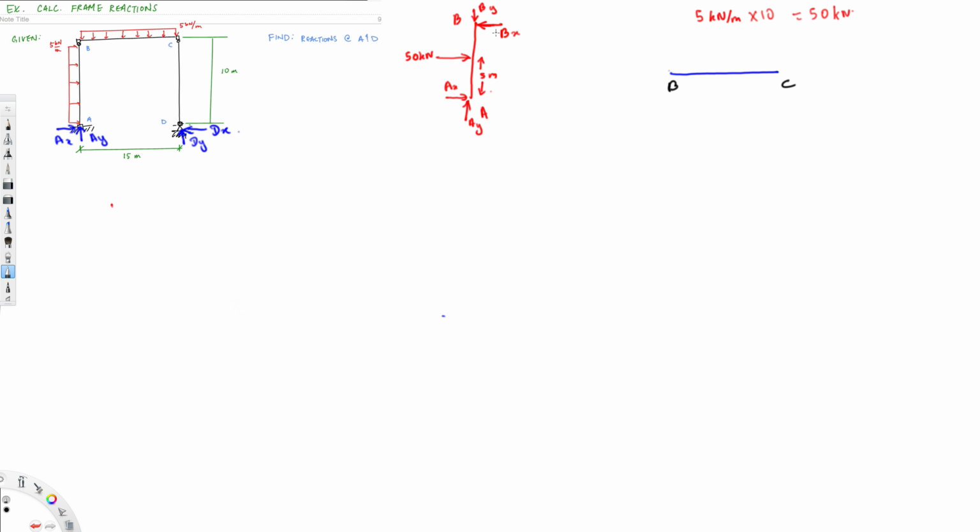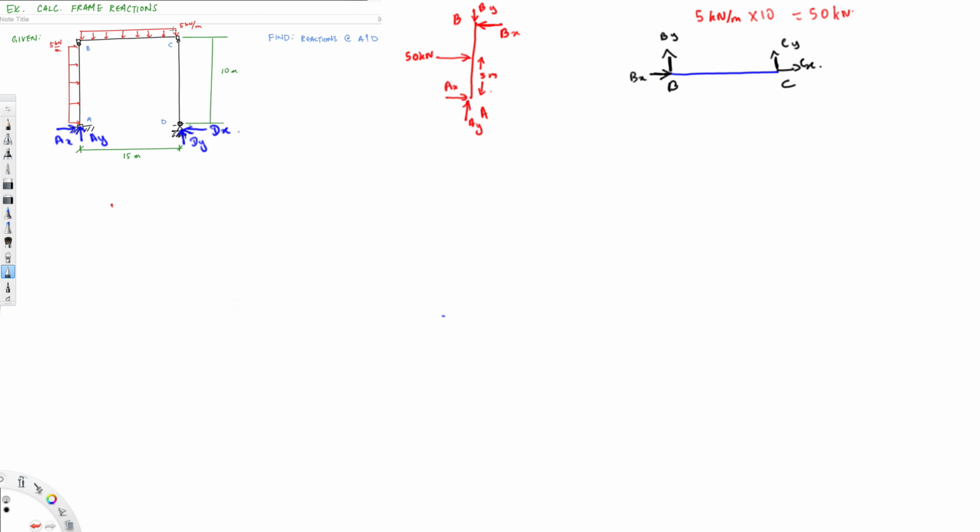So if BX is acting on this side, it means AX has to be on the opposite side, this side, and BY should be going in the upper direction. Then at C, we can pick whatever direction we want. Let's say this is BY, this is BX, and this is CY, this is CX.